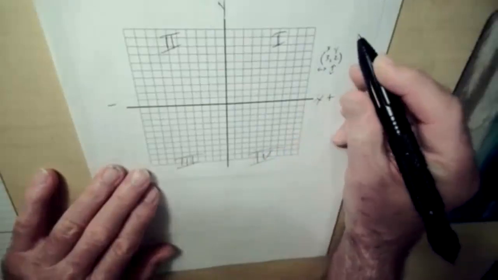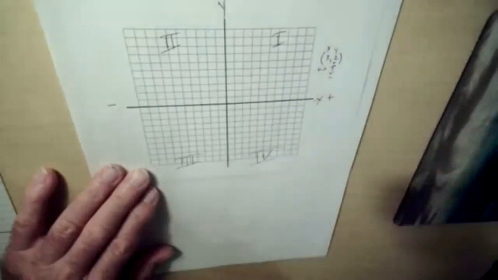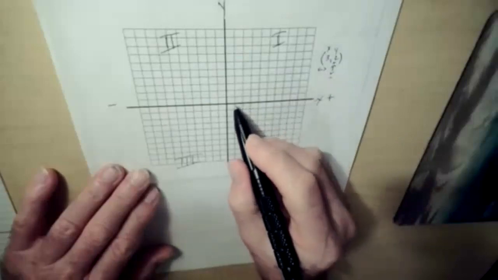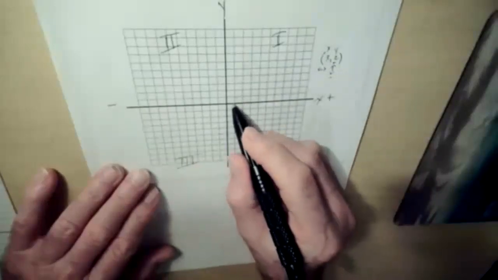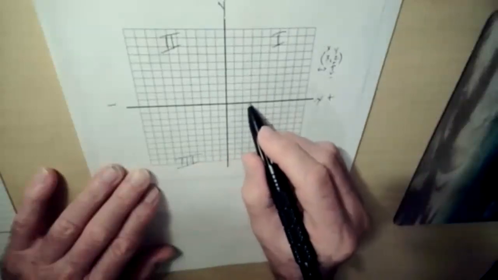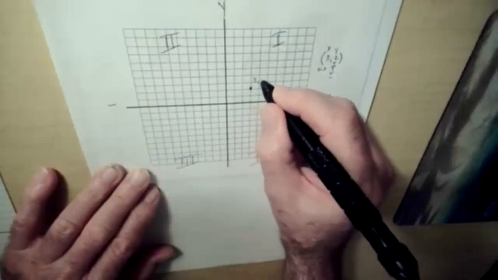Again, the y we go is up and down. We go up, it's positive. Down is negative. Okay, so 3, 2. We go to the right. Always do this one goes side to side again. 1, 2, 3. Up, 2.